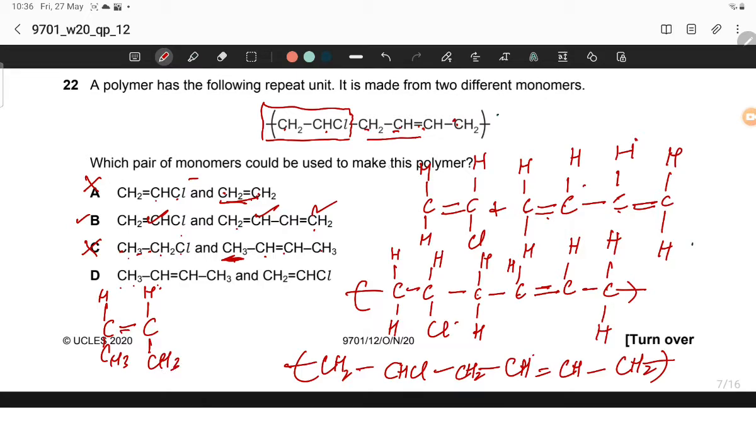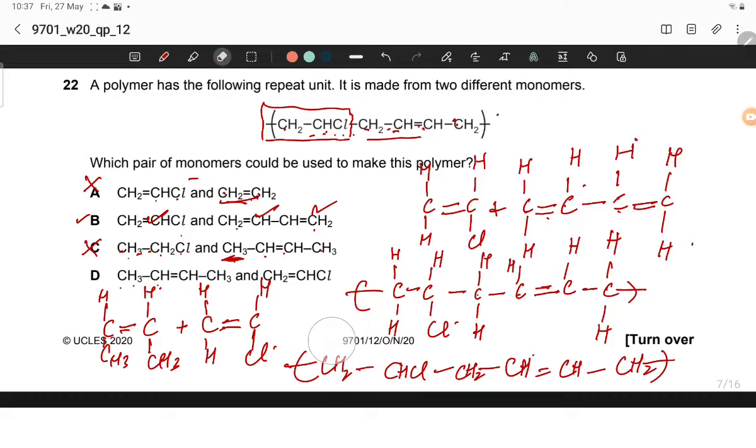So there is no CH3 in this molecule given in the question, so that's why it is not correct. And this is CH2Cl plus CHCl.